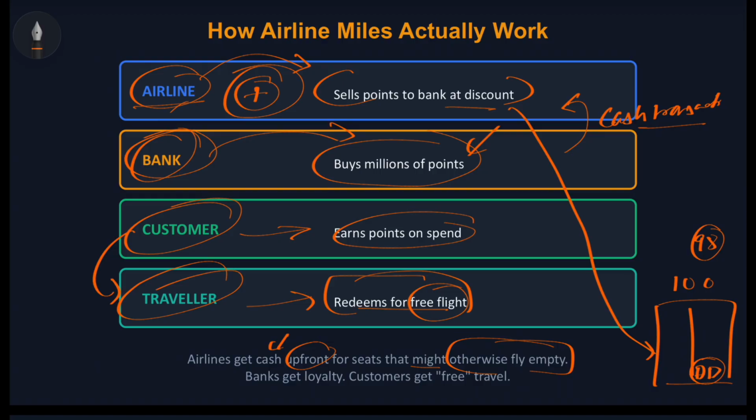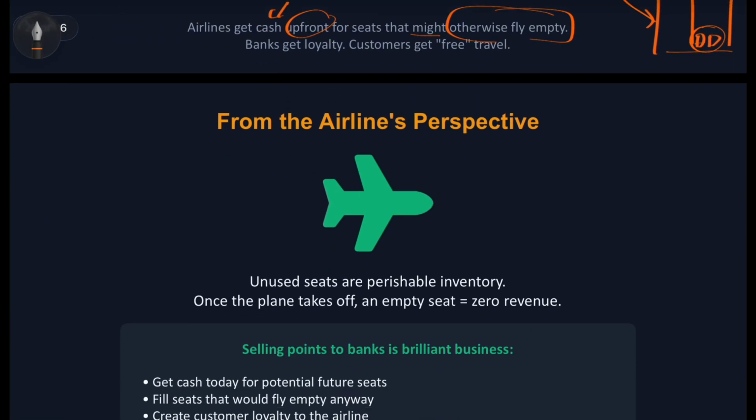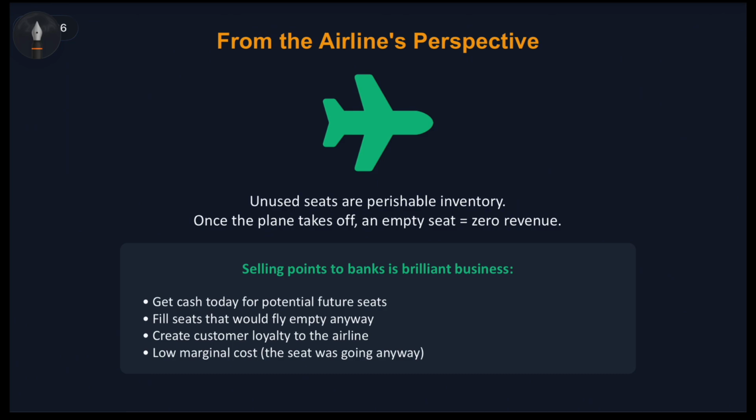Now if the customer comes, that's okay, and if they don't come, that's okay too. Maybe the occupancy is at 98, but because they already sold those points, they are actually flying at 100% capacity revenue-wise, maybe at a discount, but at close to 100% revenue. So they are basically getting cash today for potential future seats. They fill seats that would fly empty anyway.